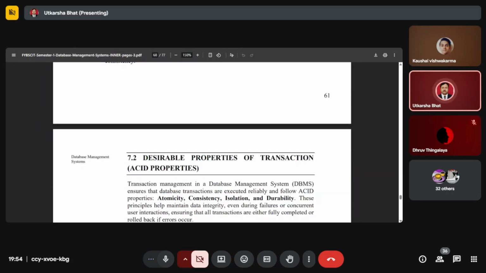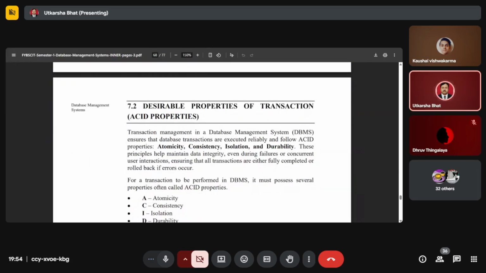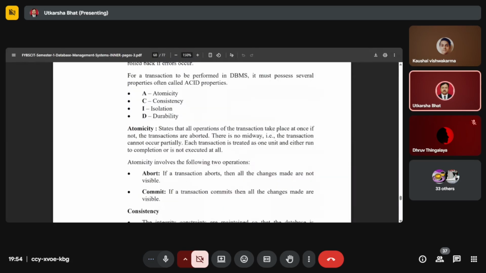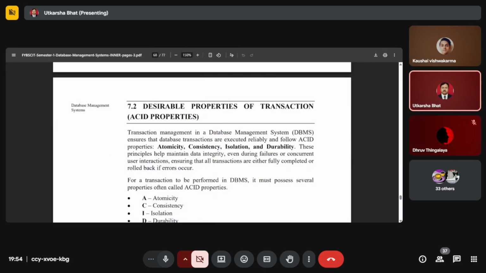Desirable properties of transactions, ACID property. तो ACID property हमने लास्ट टाइम भी देखी थी. Transaction management in a database management system ensures that database transactions are executed reliably and follow ACID properties. तो जो आपका ट्रांज़ैक्शंस होता है, एग्ज़ीक्यूट होता है, that will follow ACID properties: atomicity, consistency, isolation, and durability.